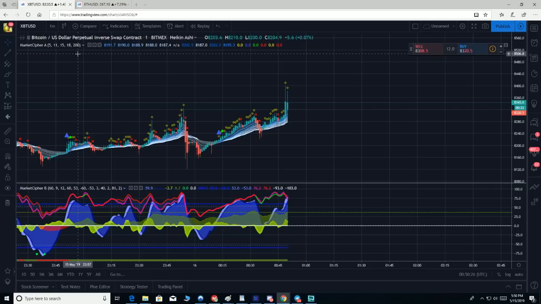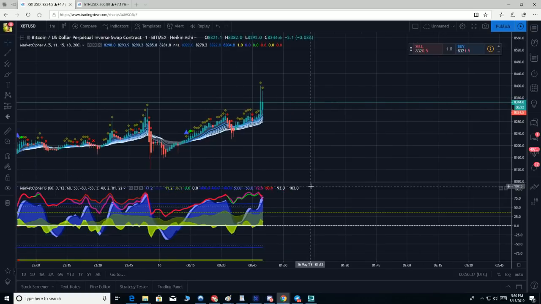Man, we were right on top of that shit. It's 83.16 now. Damn, she shot up. 83.99. We called it a minute before it happened.